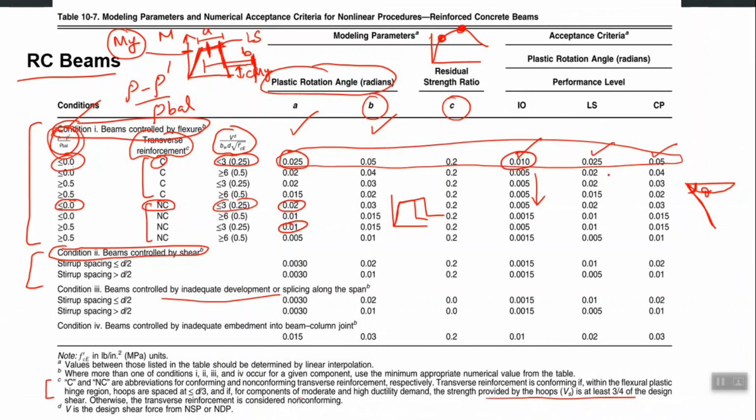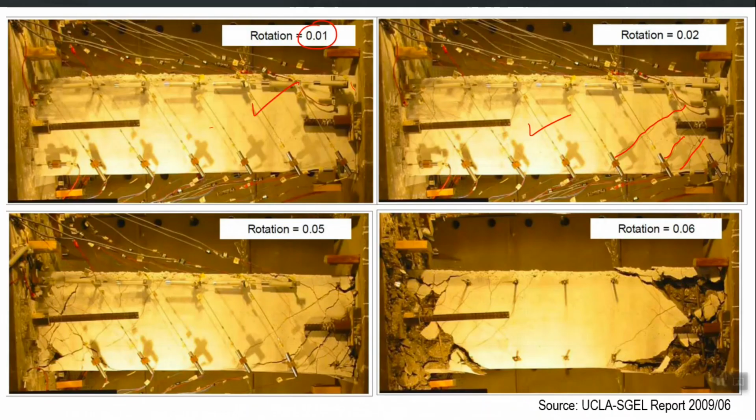Here the number is mostly 0.02 and 0.025, which means minor cracking, and then 0.05 or some other number corresponds to significant cracking, right. So, using these kind of test results, you can develop an intuition about these numbers also, right. How much rotation is more, how much rotation is less or not significant.